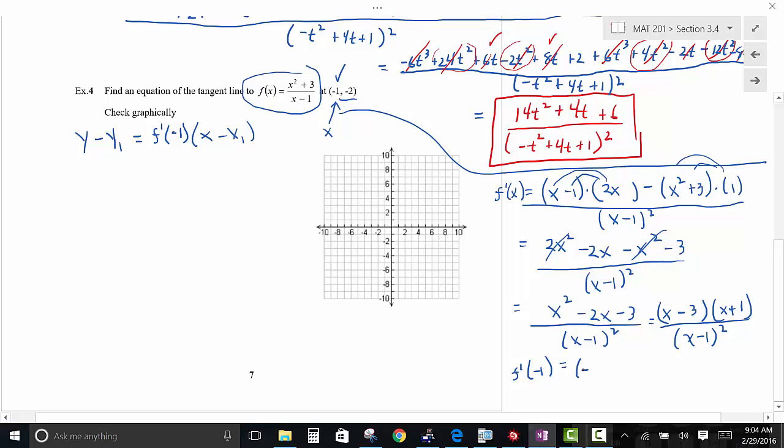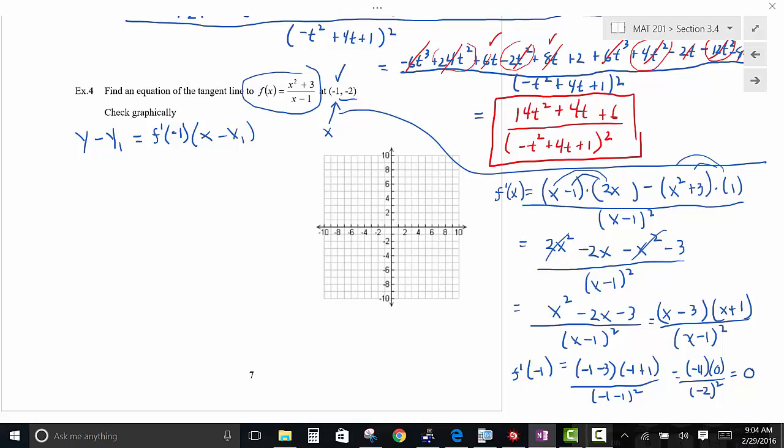So this is going to be negative 1 minus 3 times negative 1 plus 1. Oh, this is going to be really cool. So that's negative 1 minus 1 to the second. That is negative 4 times 0 over negative 2 to the second. What's the answer? 0. Because the numerator is 0, right? So that means the slope of the tangent line is going to be 0.